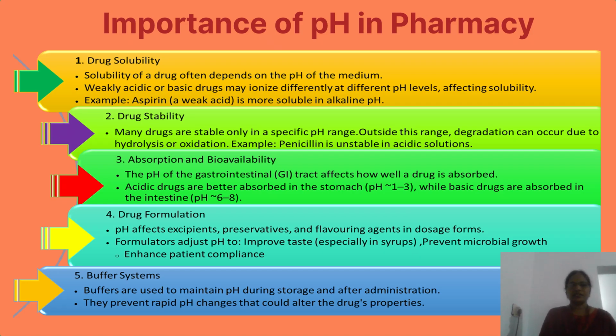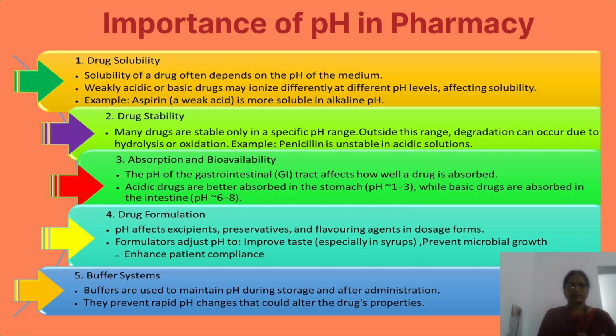Like drug stability, some drugs are stable in a particular pH range. If the pH is more or less than that, they will not be stable. They may go through degradation, hydrolysis or oxidation. For example, penicillin is unstable in acidic solution.